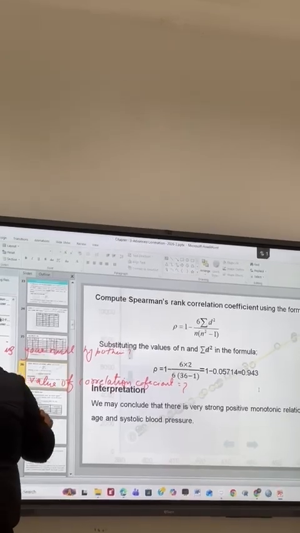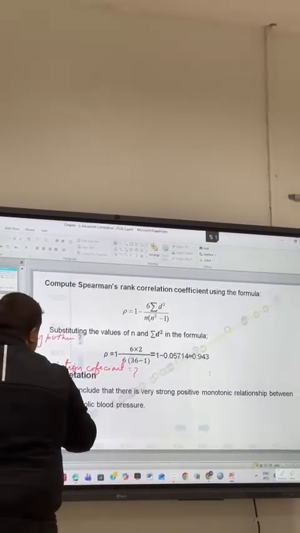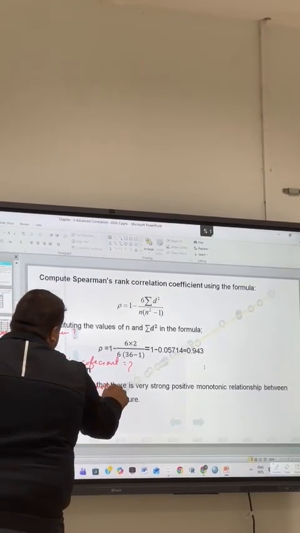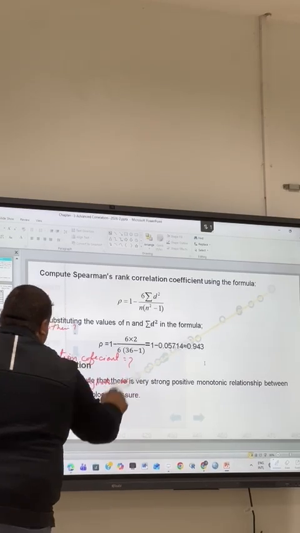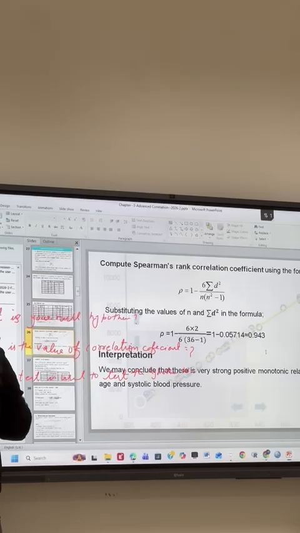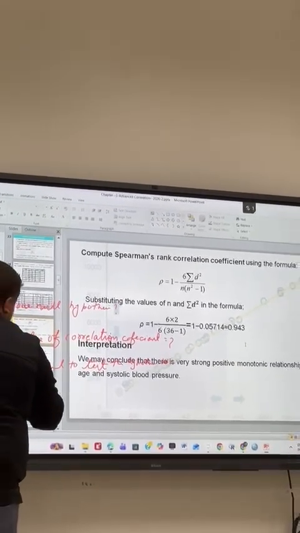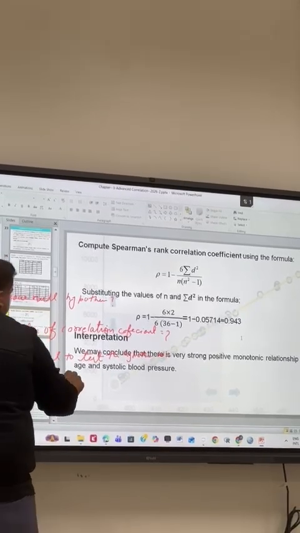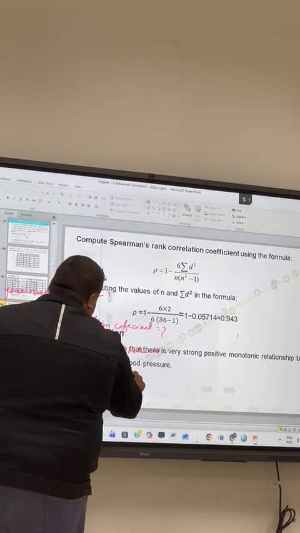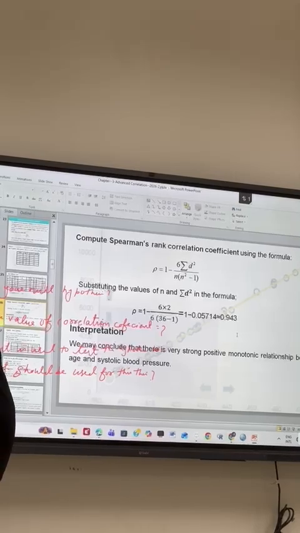Which test is used to test the hypothesis H? How many degrees of freedom should be used for this test? Clear?